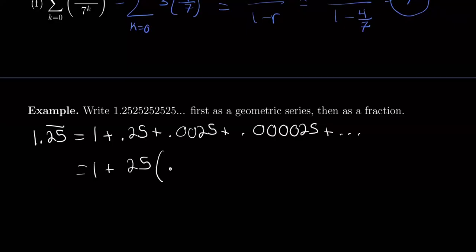And if I factored out a 25, I got 0.01 plus 0.0001 plus 0.000001. Sorry, I was trying to count the decimals there.